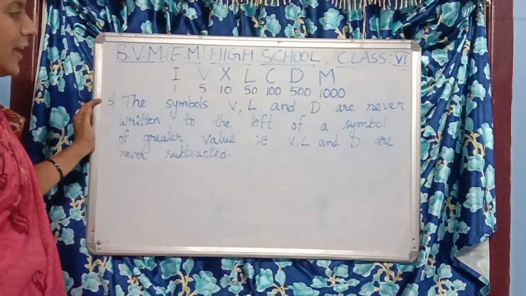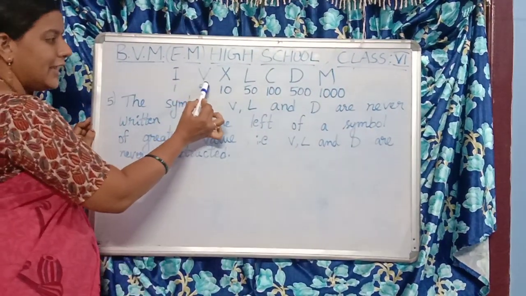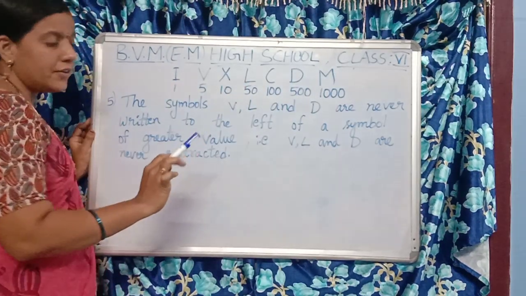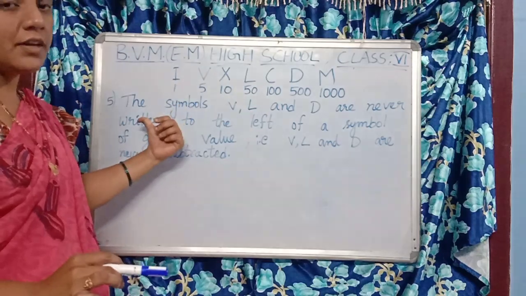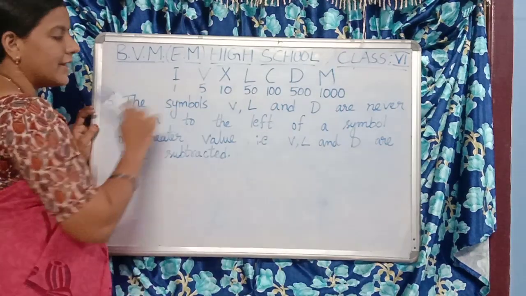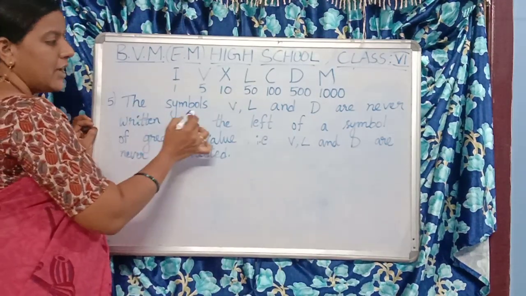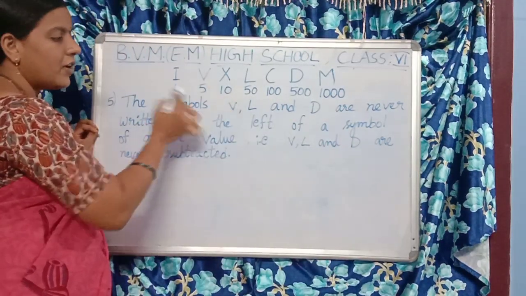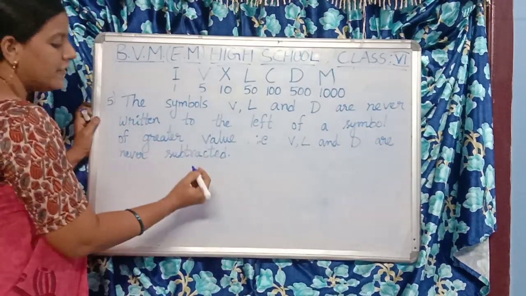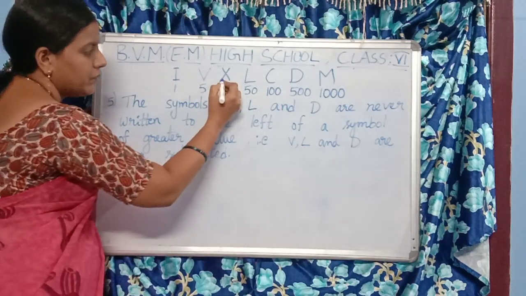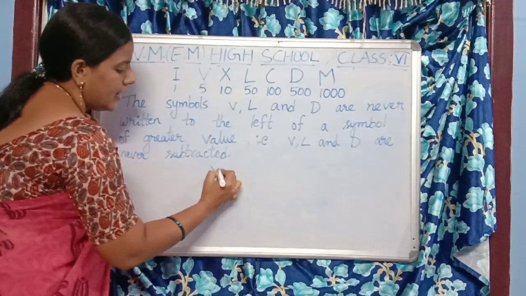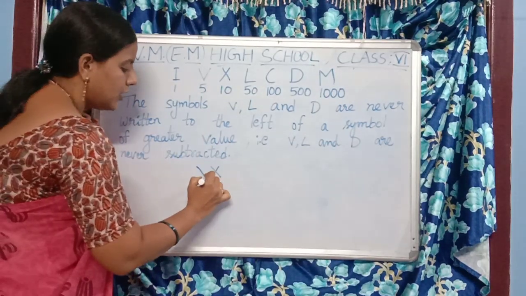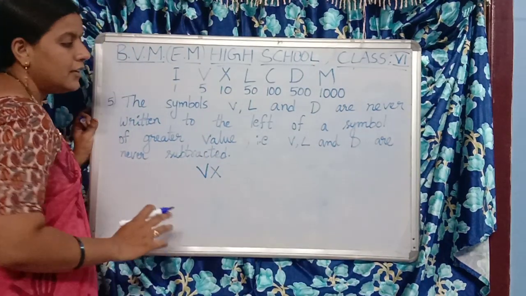Next, rule number 5. The symbols V, L, D are never written to the left of a symbol of greater value. Means, look here, VX. We never write this to the left of this greater value.